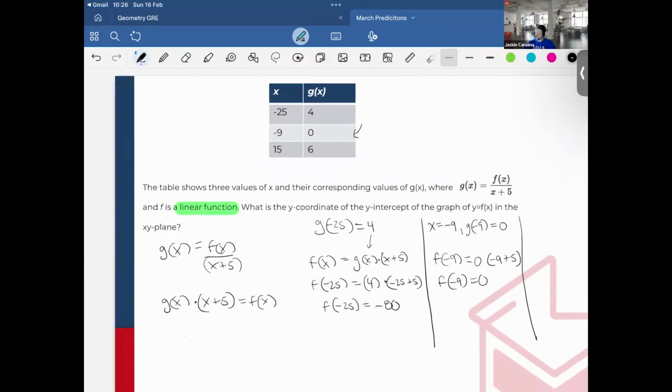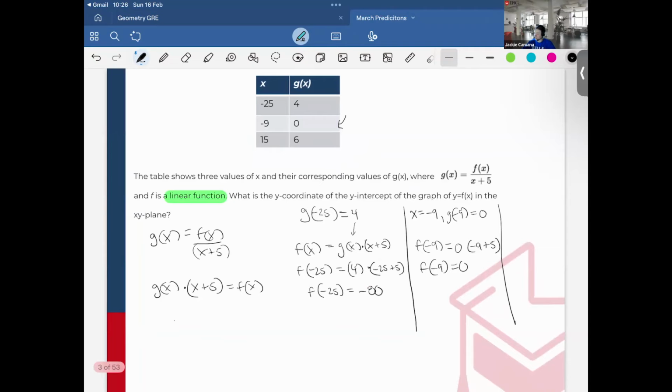And just to show the third coordinate here, if x equals 15, we would have g of 15 gives me an output of 6. And then if I plug that in, I get f of 15 would be equal to 6 times 15 plus 5, or 6 times 20.